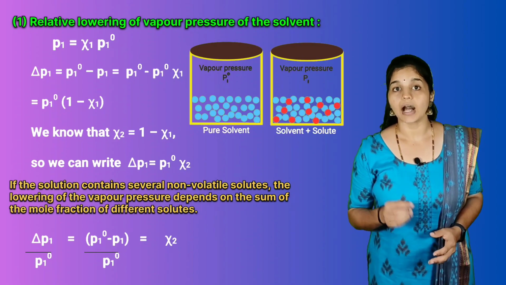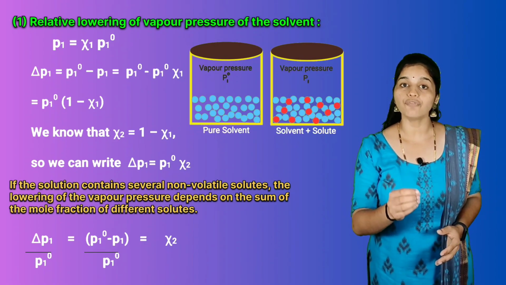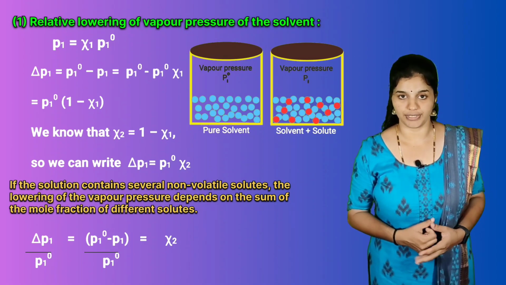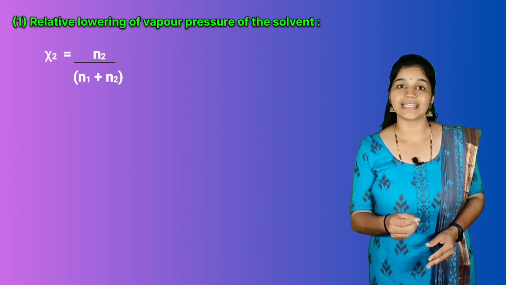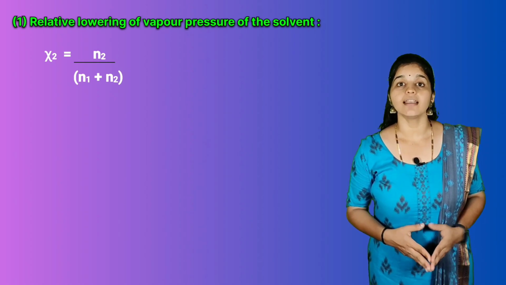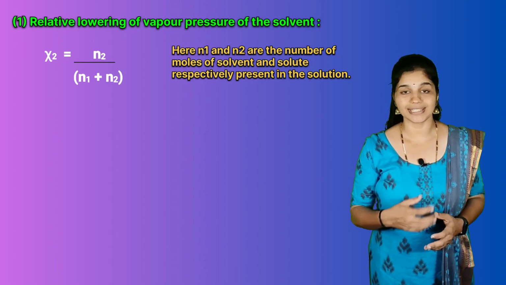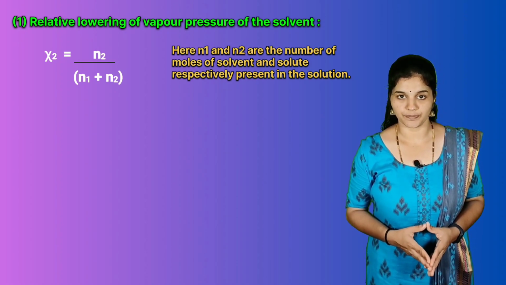It tells us how much decrease is observed in the vapor pressure of the solution with respect to the vapor pressure of the pure solvent. We can write χ2 = n2/(n1 + n2). Here n1 and n2 are the number of moles of solvent and solute respectively which are present in the solution.